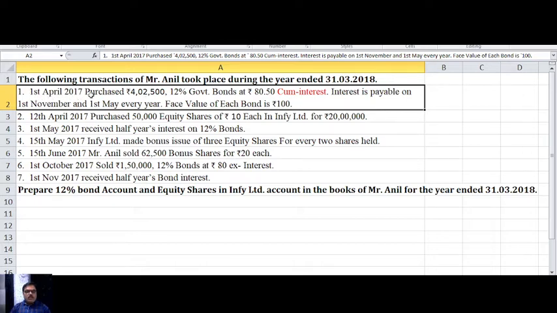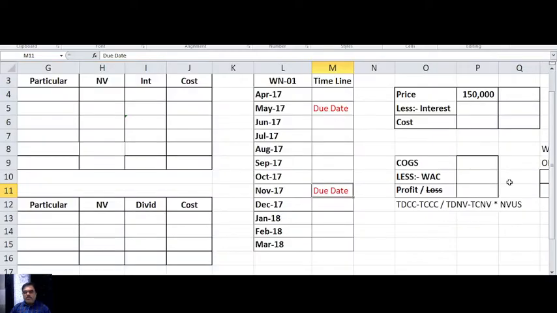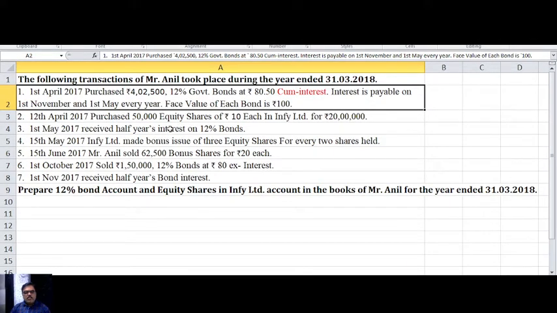Okay, now let us start solving this problem. On 1st April, he purchased 4,02,500 12% government bonds at rupees 80.50 cum interest. Now the important point is that this 80.50 is nothing but the price of that bond. We want the cost of that bond. So let us first find out the price.